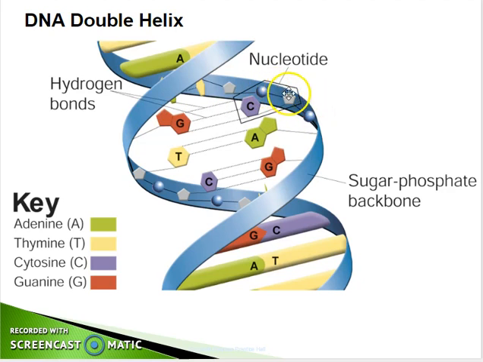If you have one phosphate, one sugar, and one nitrogenous base, that's called our nucleotide. The A's, T's, C's, and G's going across the center are the rungs of the double helix ladder, and the sugar-phosphate backbone, or the upright sides, are the outside of the double helix, and our code is encoded in the order and the length of the G's, T's, C's, and A's.